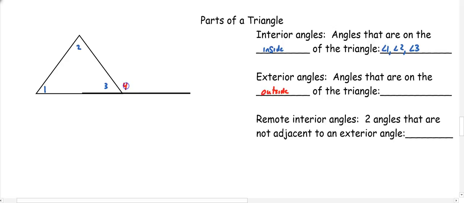In this case, we just have one that is shown, which is angle 4. An important thing to know is that the remote interior angles are the two angles that are not adjacent to the exterior angle. So if 4 is the exterior, then angle 1 and angle 2 are the remote interior angles.